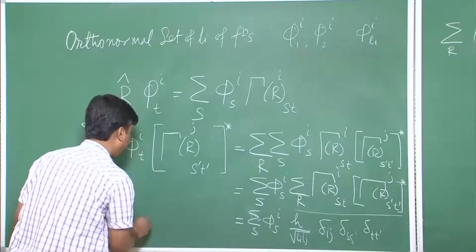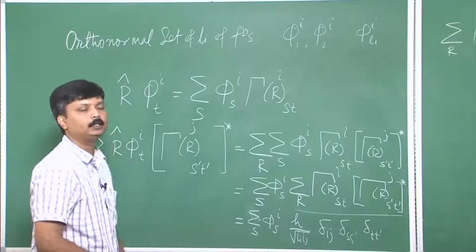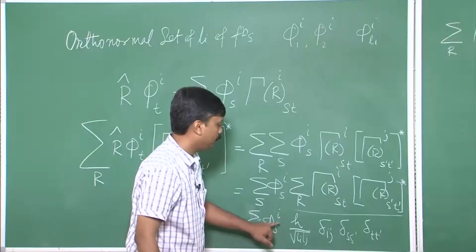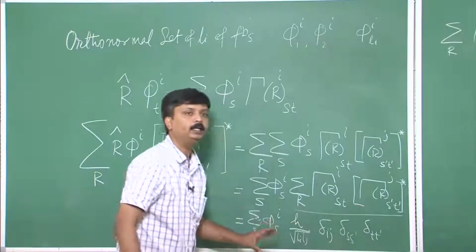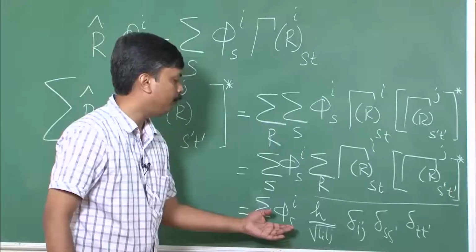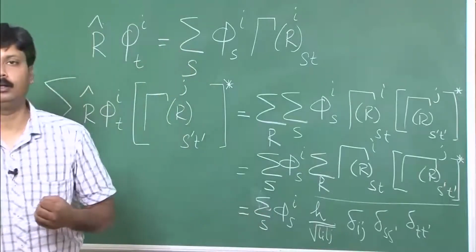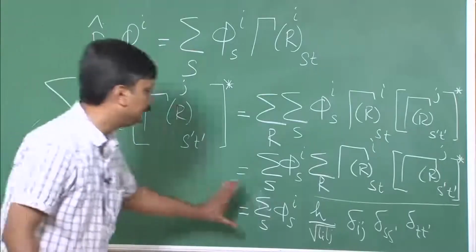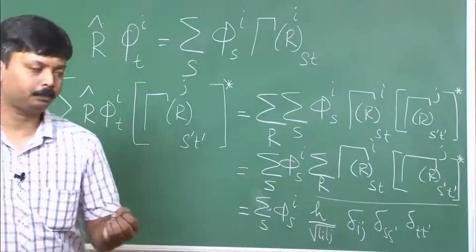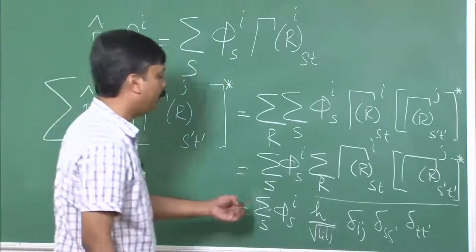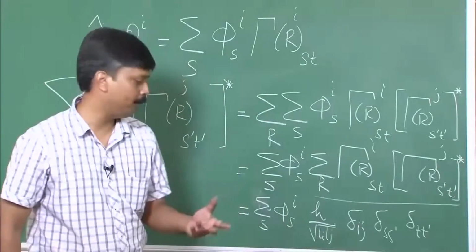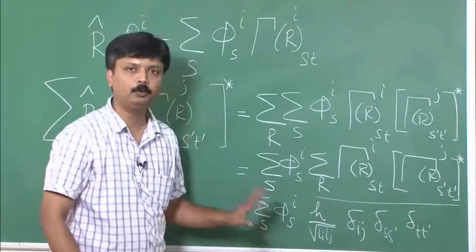And then whatever I have on the other side remains. So this right hand side immediately tells me that this side will give a non-zero value only when s is equal to s prime, since I am summing it over S.